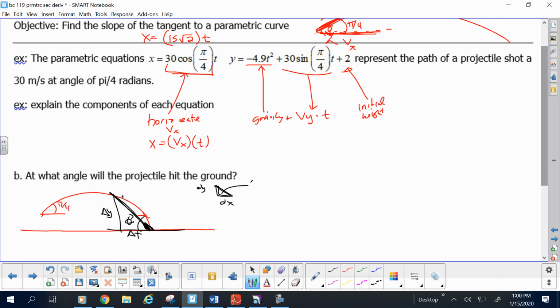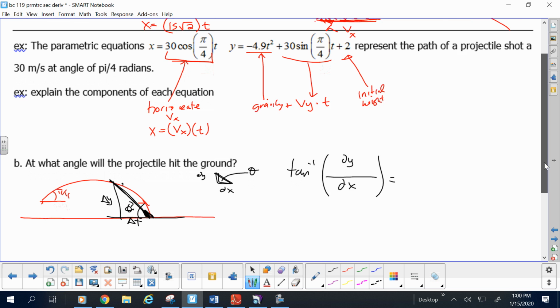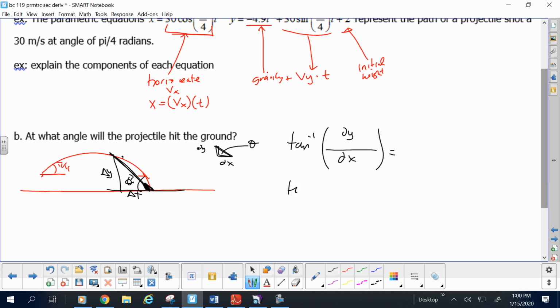And the angle there is what we've got to find. All right. Now talk to me then. How are we going to find this angle? Inverse tangent of dy dx. How do we typically do dy dx in parametric? Dy dt over dx dt.